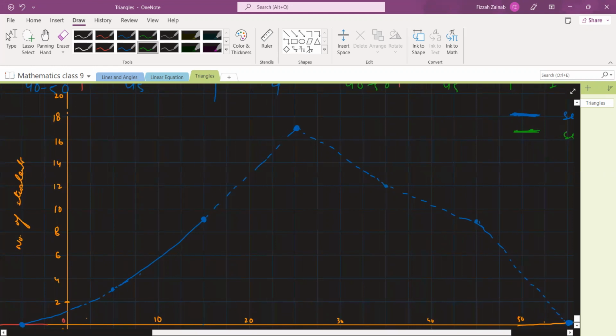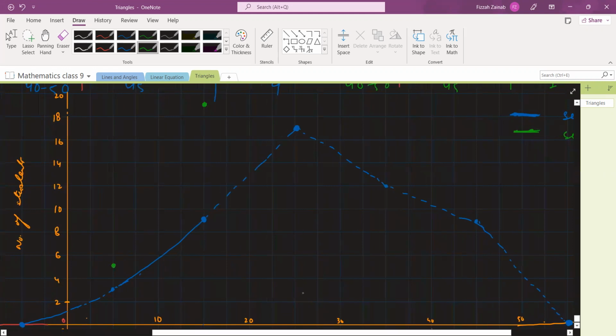Okay, so class mark 5, frequency is 5. So this is 5. Now 15, the frequency is 19. So it will be here.